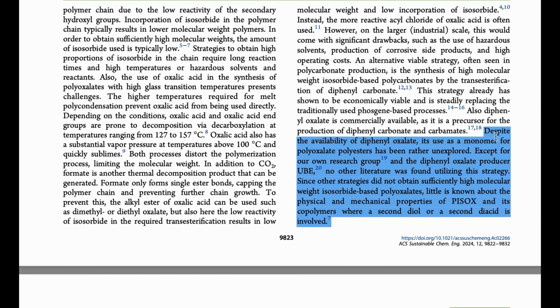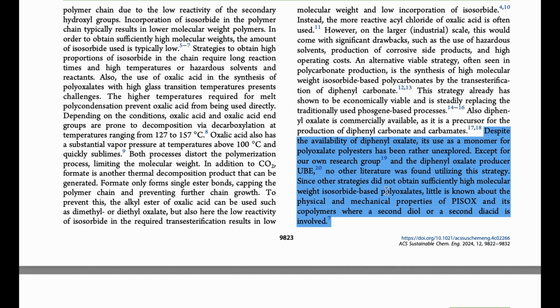And then here they said that despite the availability of diphenyl oxalate, its use as a monomer for polyoxalate polyesters has been rather unexplored. This is a research gap. And they say, except for their own research group, no other literature was found utilizing this strategy.